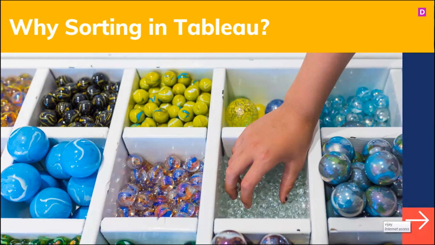This is actually gaining a lot of importance in Tableau because the type of visualization that you're going to present, when it is applied with some sorting method, the insight that you would obtain from that data is going to be completely different. What I mean to say is that you perform different sorting arrangements with the same kind of data, and you can actually get different types of insights on the data.